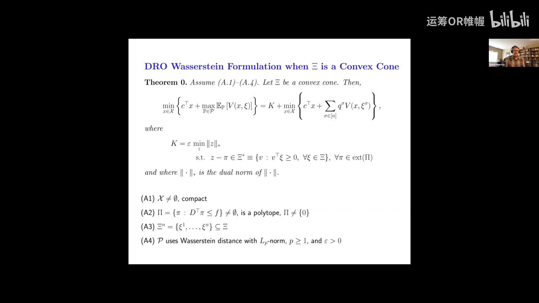Right, so why did we want to do DRO? We said it could be a couple or three reasons. One could be that we want to have a way to model risk. One was that we wanted to be able to integrate the estimation of the distribution and the decision making all at once. Another could be regularization for improved out of sample performance. And this theorem says you don't get any of that, right?